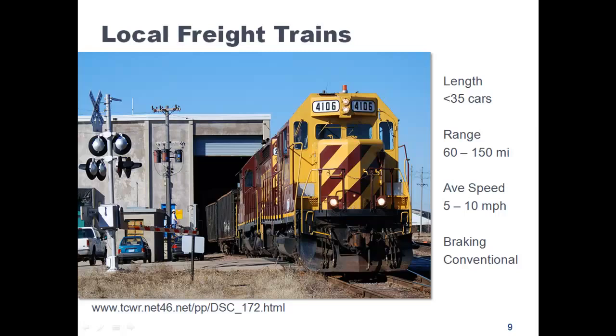Also called local switchers, local freights carry material from local industries that either originate or terminate freight shipments on a line. For example, local freights may carry newsprint to paper terminals, propane gas to local distribution centers, lumber from lumber yards, scrap metal back to steel mills, and in the Midwest, grain and covered hoppers.